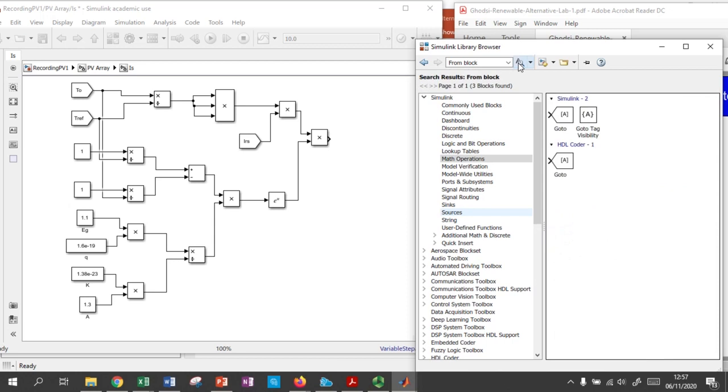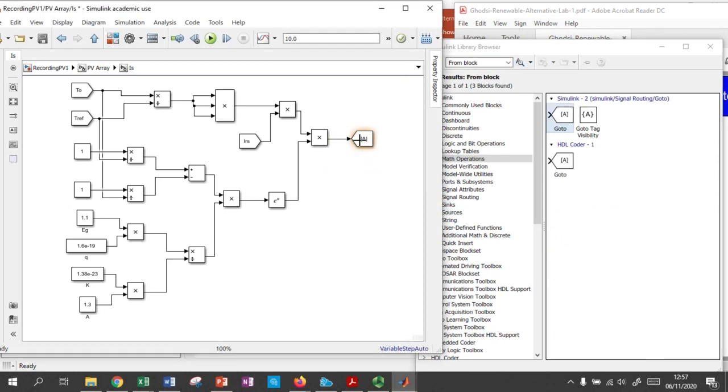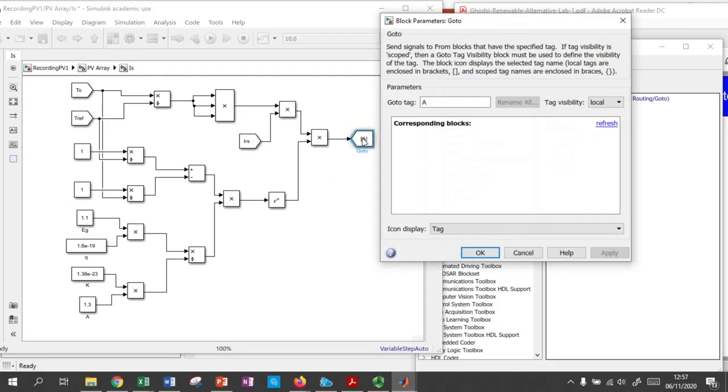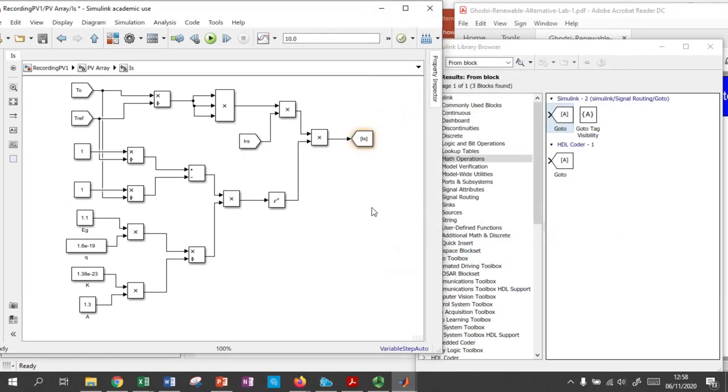In the From block there is this. Okay, Go To, we can find it and we can assign it. What is the name of this one? It's called IS. IS is made here and we can find it here.